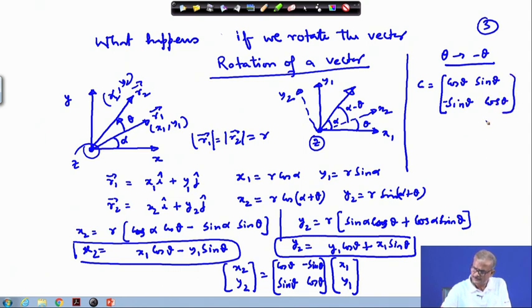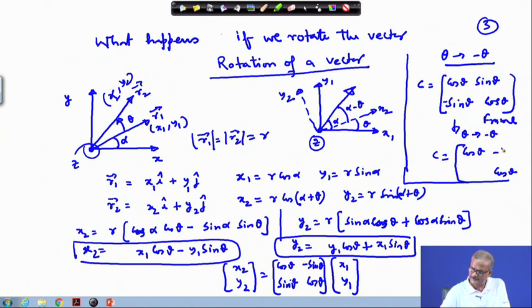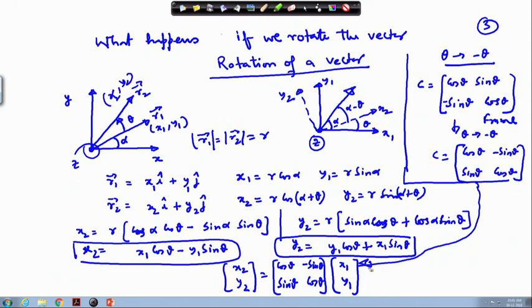Now, if you replace theta by minus theta, what will we get? C equals cos theta, which will remain unaltered, and sin theta will get affected: this will become minus sin theta and this will become plus sin theta. You can see that this and this matrix are the same.